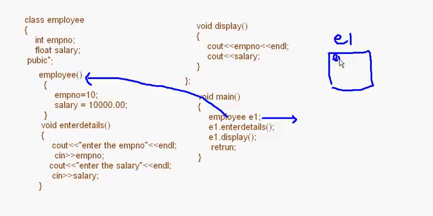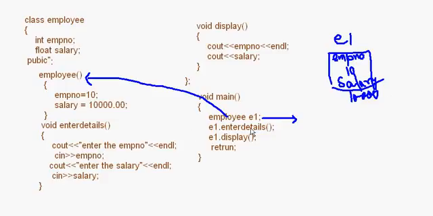So inside this object your emp number is 10 and salary is 10,000. Fine, this object is created and the initial values are given.